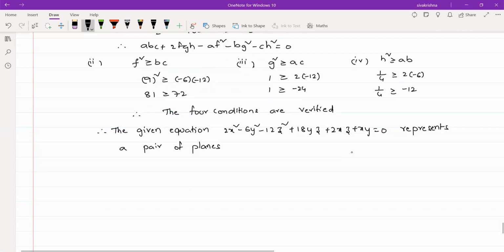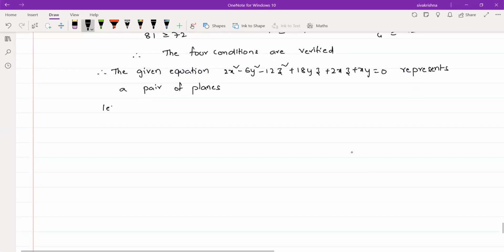So I am writing once again, let theta be the angle between the pair of planes.